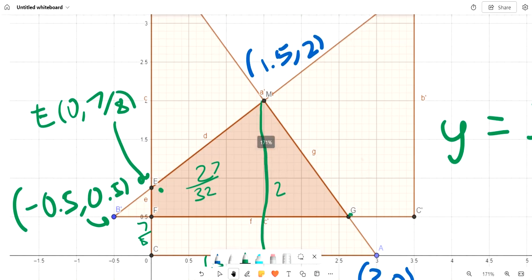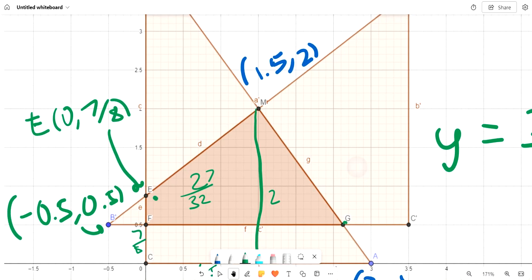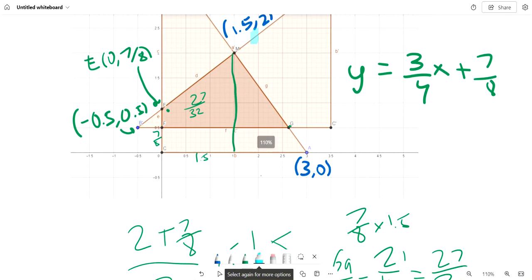On the other hand, we'll just use similar triangles for this. And we know that this height right here, the one that I'm highlighting, will just be 2 minus 1.5. Oh, wait.